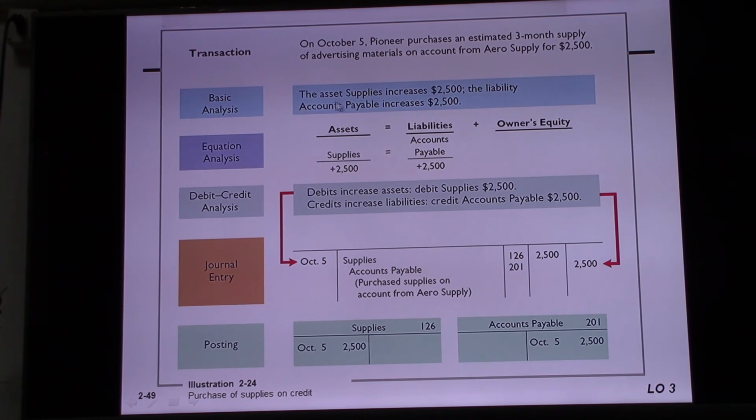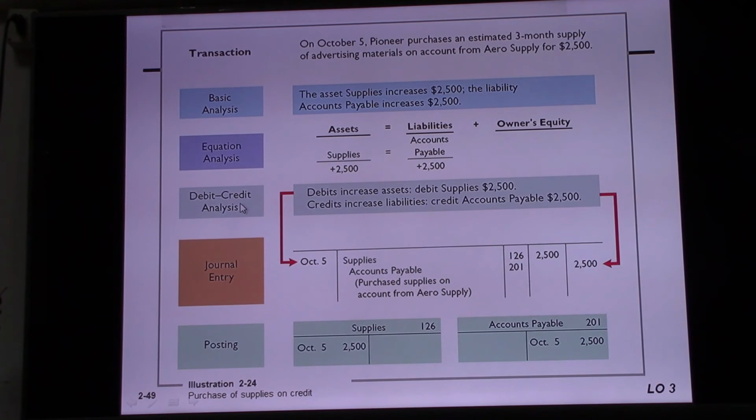So our asset supplies mainly increases by $2,500, and we made this transaction on account. We didn't pay cash. So now we have a liability, and accounts payable increases by the same value. So the effect of this transaction on the accounting equation, supplies will increase here by $2,500, and also the right-hand side of the accounting equation, accounts payable will increase by $2,500.